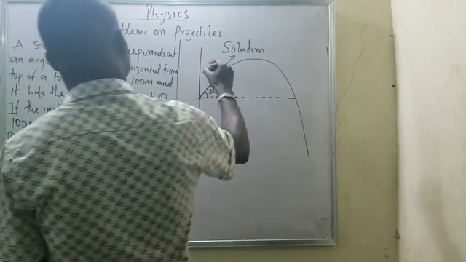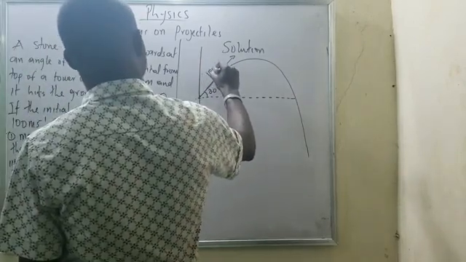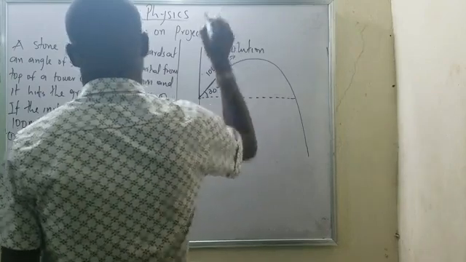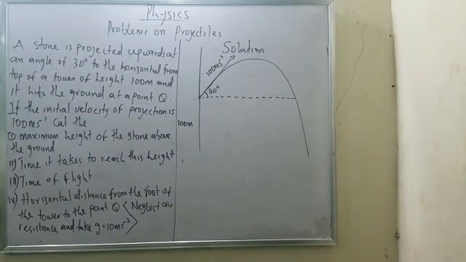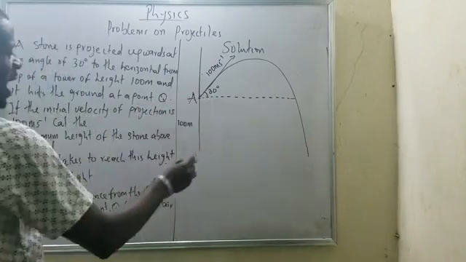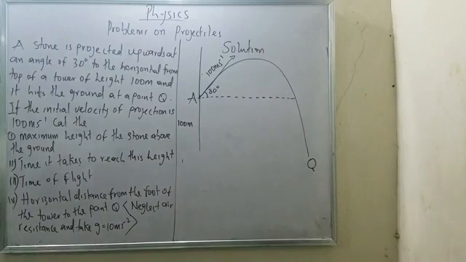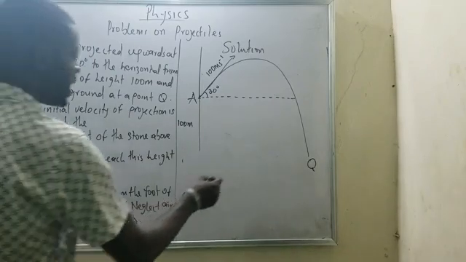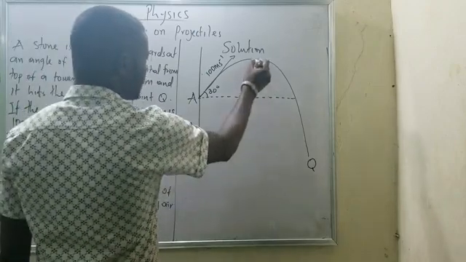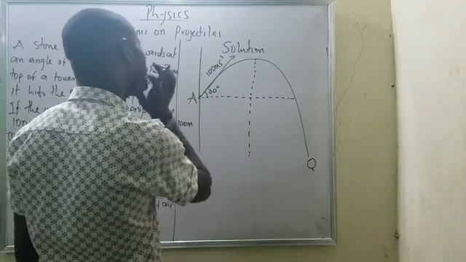My u, let me put 100 meters per second. Let me call this place A, and it ended at Q. Don't forget that this is part of what I'm looking for.